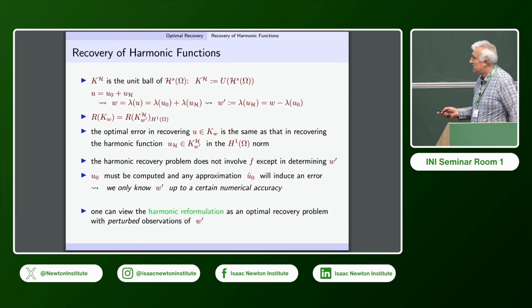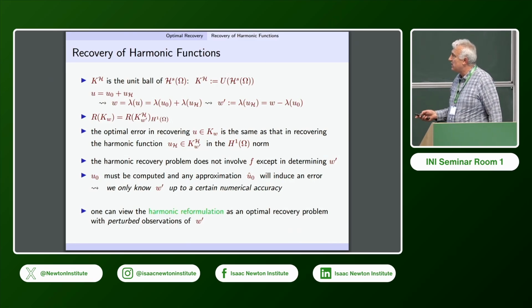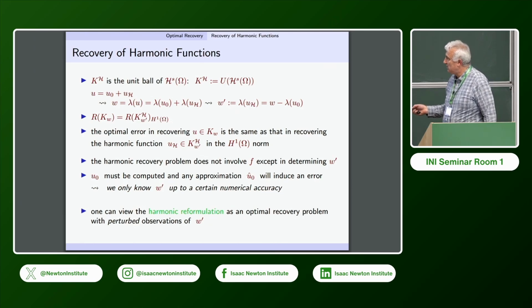So the optimal error of recovery of U is the same as this one in the H1 norm, and the harmonic recovery problem does not involve F except for this W prime, which, as I said, we have to take care of, because we know W with certain accuracy only.